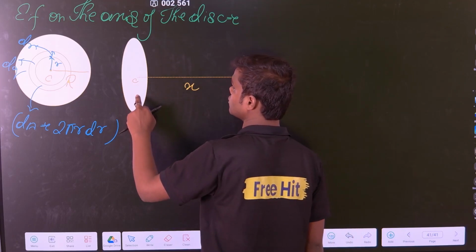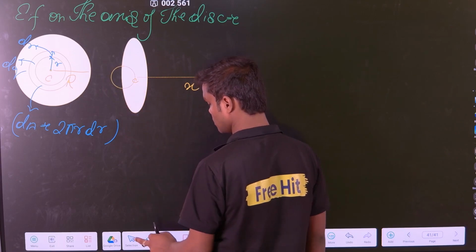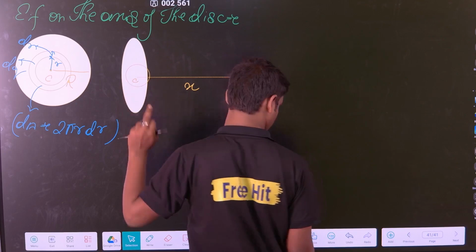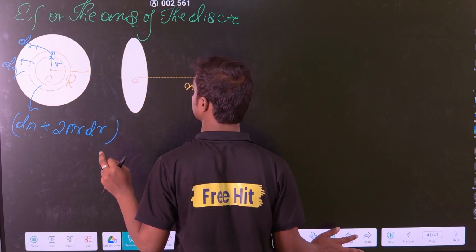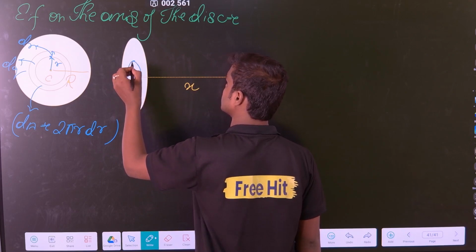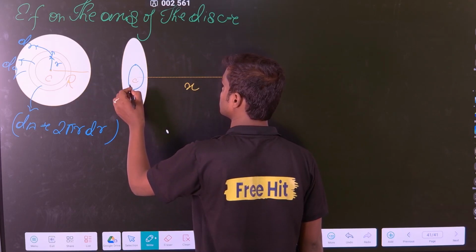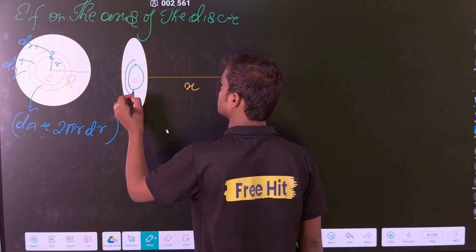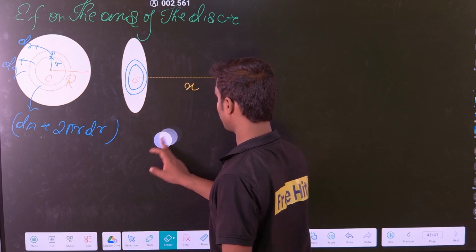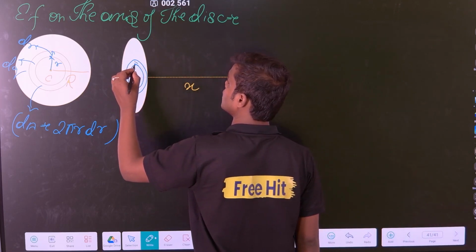This element is present here also, like this. I hope it is clear now. This is the element. Let me shade it down.